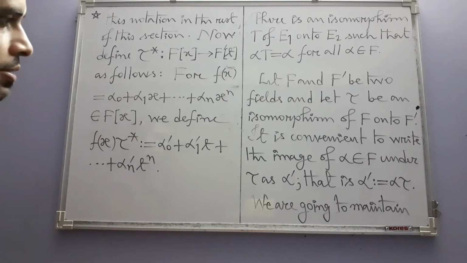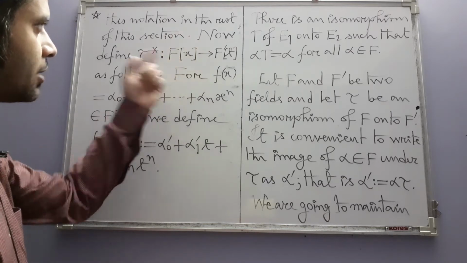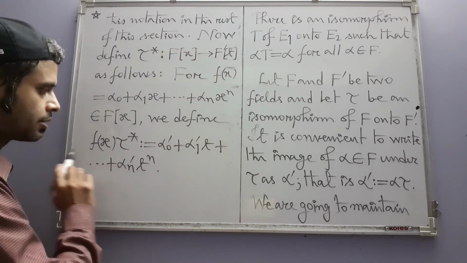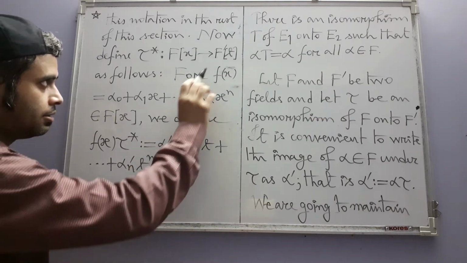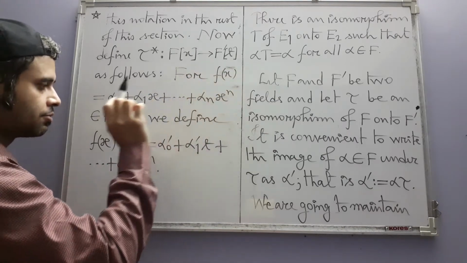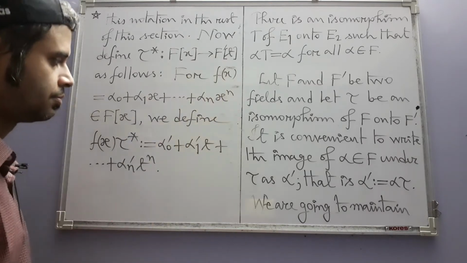Now does it make sense? What we have done is that we have taken a polynomial in this first polynomial ring, then we have replaced that with a similar looking polynomial but in this polynomial ring. So the coefficients of this image should come from F prime.